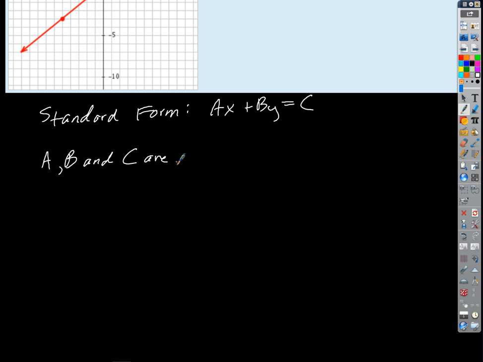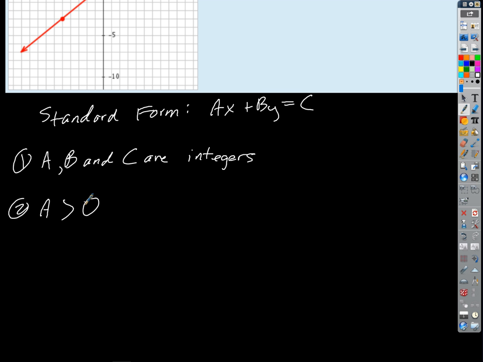Can they be fractions? No. They're integers, positive or negative whole numbers, right? So that's one rule. And there's something else. What about A? It has to be an integer, but it also has to be positive. So A has to be greater than 0.